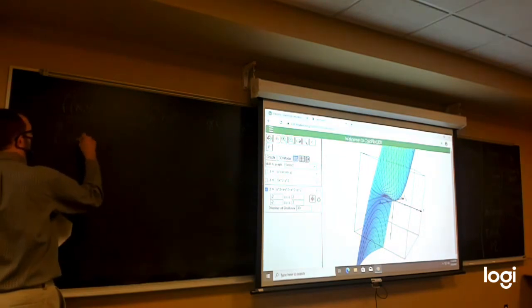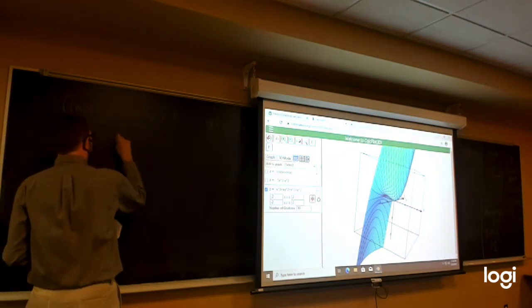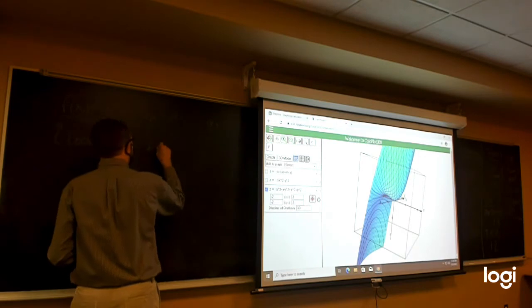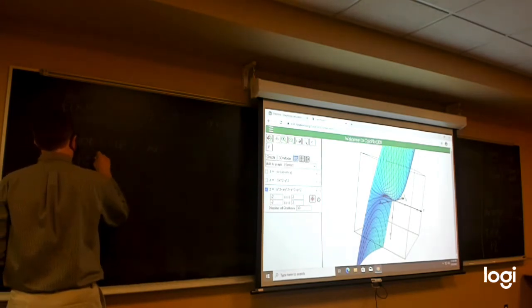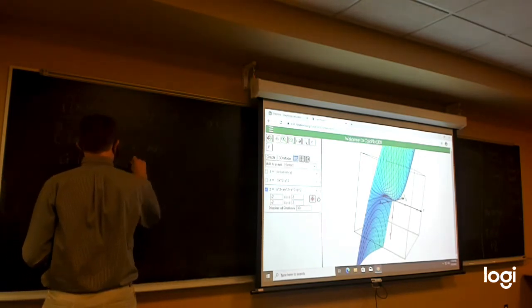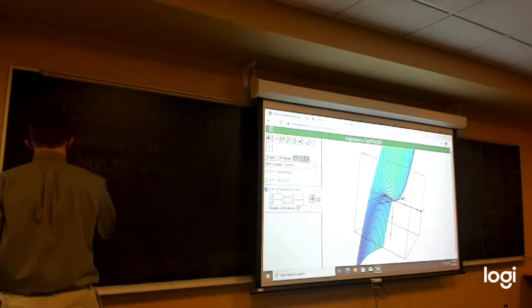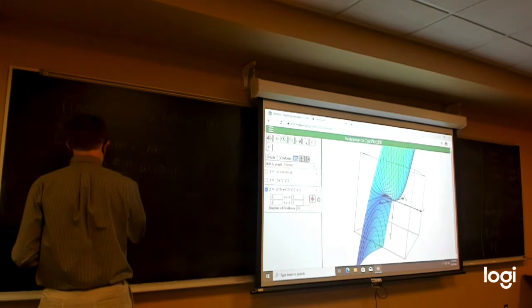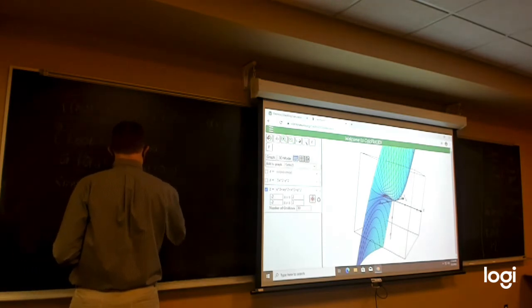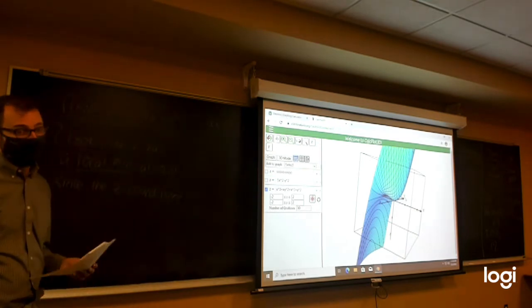So we're going to say f has a local minimum at 0, 0, since the z coordinate there is smaller than all of the nearby z coordinates on our graph.